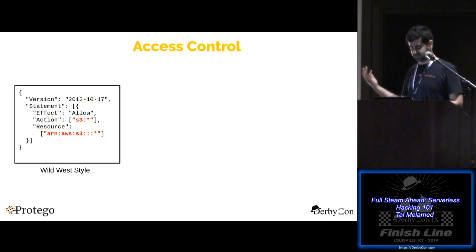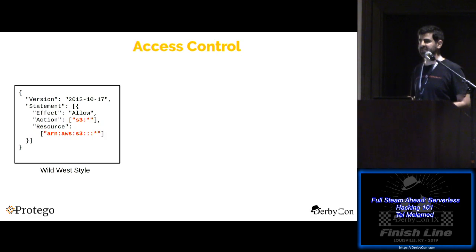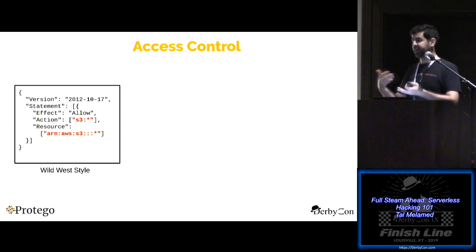As you can see in this example, the action is set to S3 wildcard, which means that this specific function can do any action that is related to S3 buckets. That means creating buckets, deleting buckets, changing permissions on buckets, so making internal buckets public, for example, which happened recently, adding resources, reading resources, whatever you want.